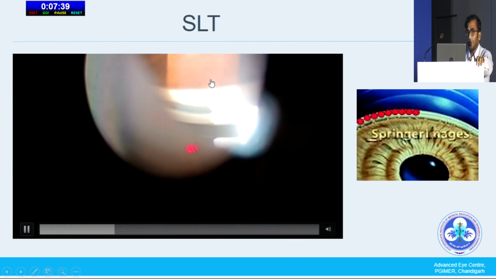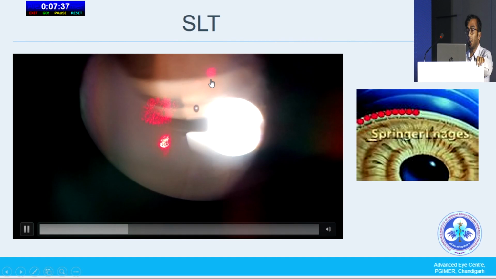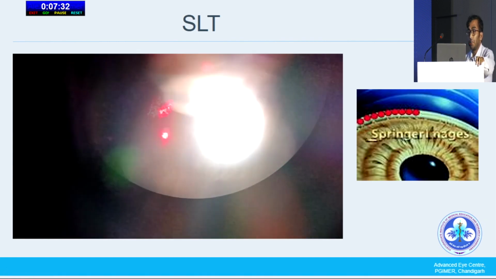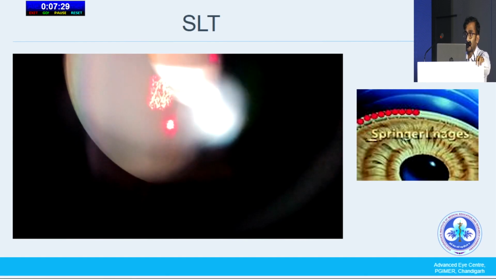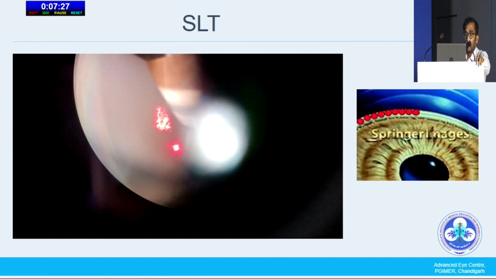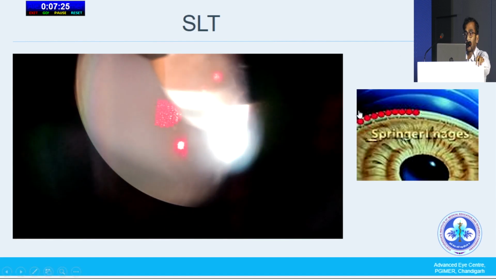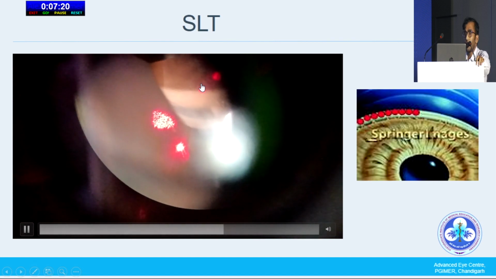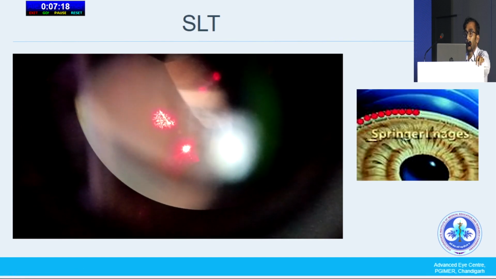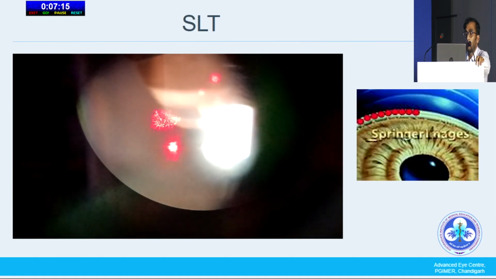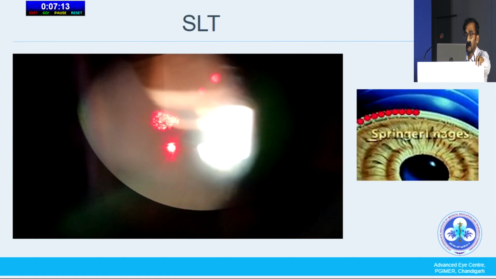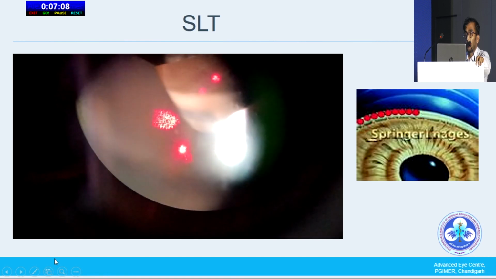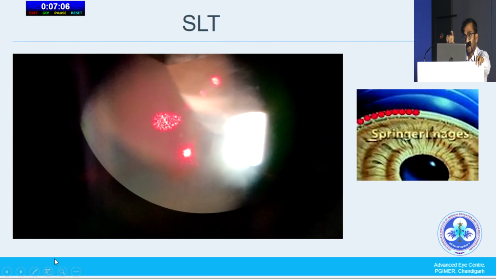This area is the focus, and there's a wide aiming beam you can see like this, and then once you aim at the trabecular meshwork, just do the laser in a continuous manner as represented in this picture. If you have good experience in gonioscopy, it's a very easy procedure, no assistant needed. Just continue in the continuous manner for 360 degrees.